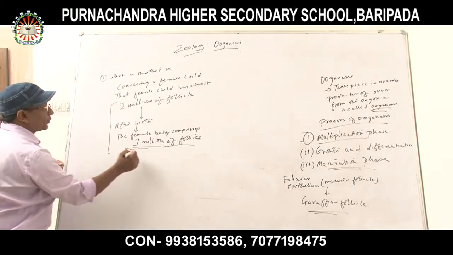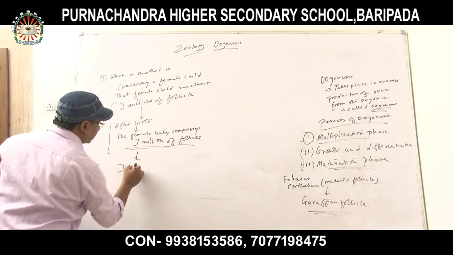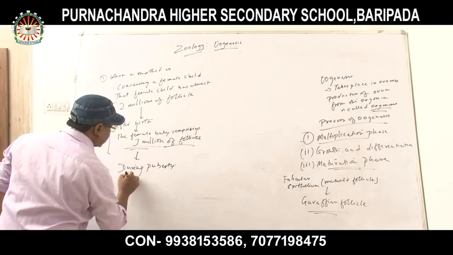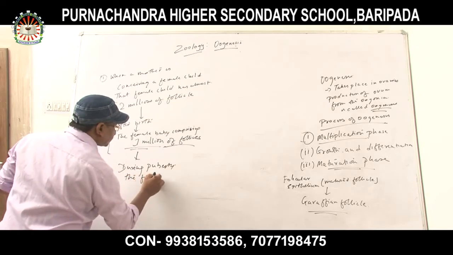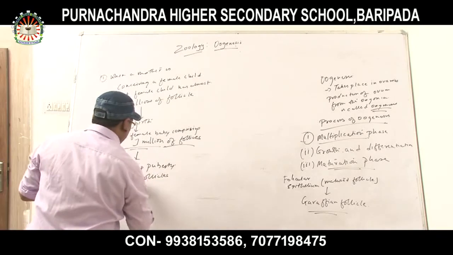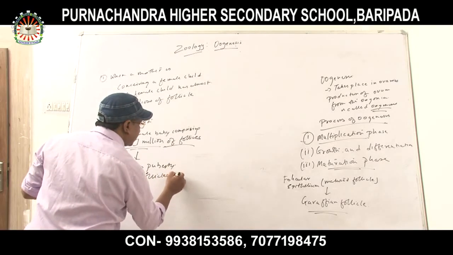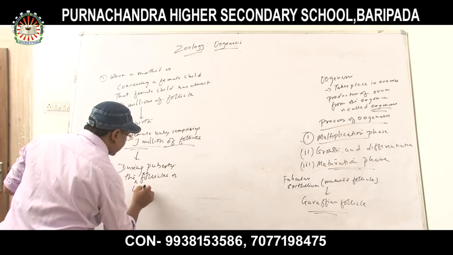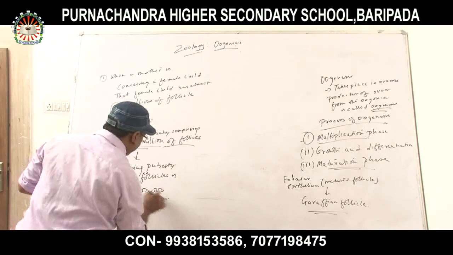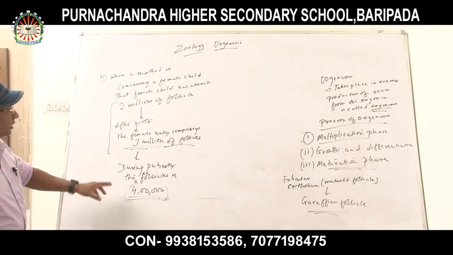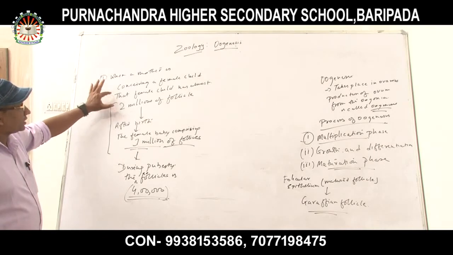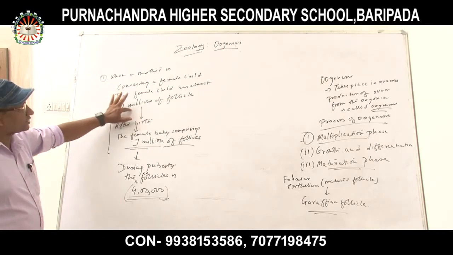Then during puberty, the number of follicles is 4 lakh. Before birth, the female child has almost 2 million follicles.